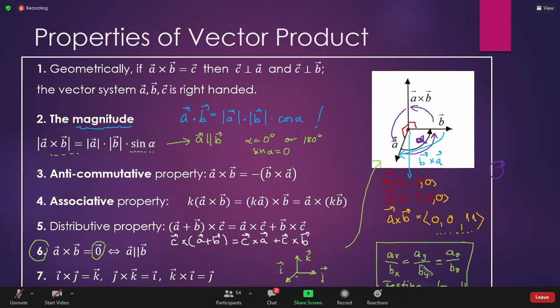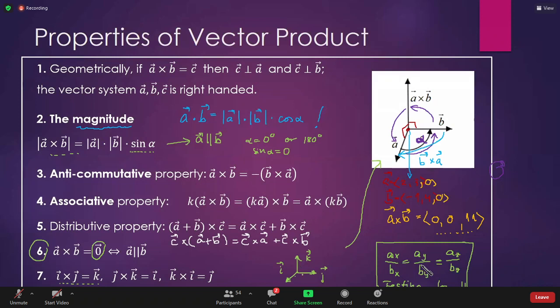The magnitude of the product is 1, and it's perpendicular to both vectors I and J, right-handed system. So I times J evidently is the vector K. Perpendicular to the plane IJ, the length is 1.